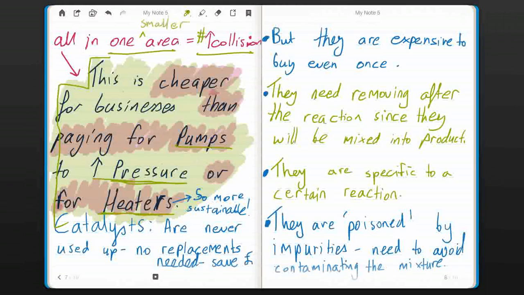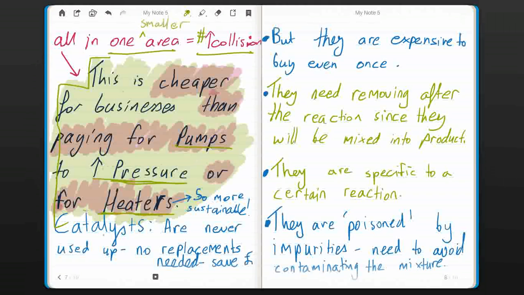Now, pressure and heating is actually a good way of increasing the reaction speed, but it can get expensive if done in the long term. So catalysts are good because they only have to be purchased once, while with pressure and heating you have to pay per unit, just like you would when heating your house.